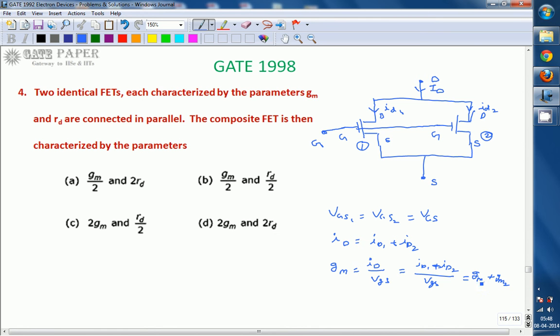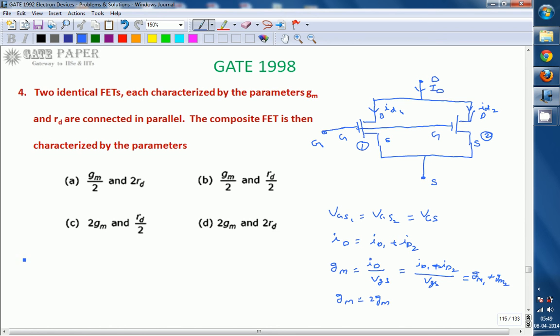Assume gm1 is the transconductance of the first transistor and gm2 is the transconductance of the second transistor, and both are identical, so gm1 is equal to gm2. So we can say gm is equal to 2 times gm. So the transconductance increases.